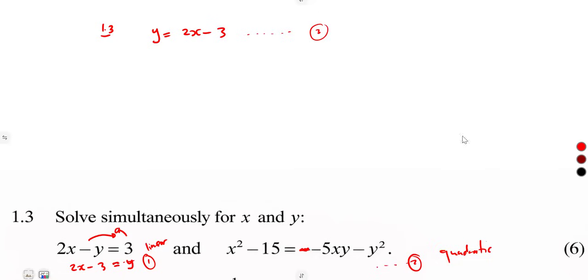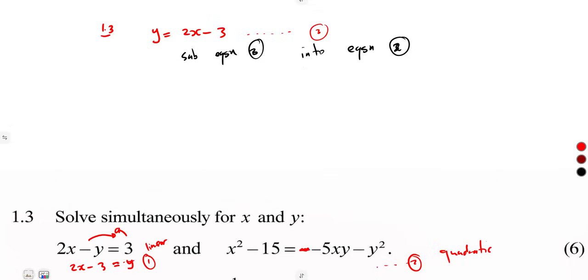Using the substitution method, as y is the subject of the formula, we can substitute this equation 3 as it is into equation 2. Remember, we made the subject from equation 1, so we substitute into the other equation, equation 2, in place of y.